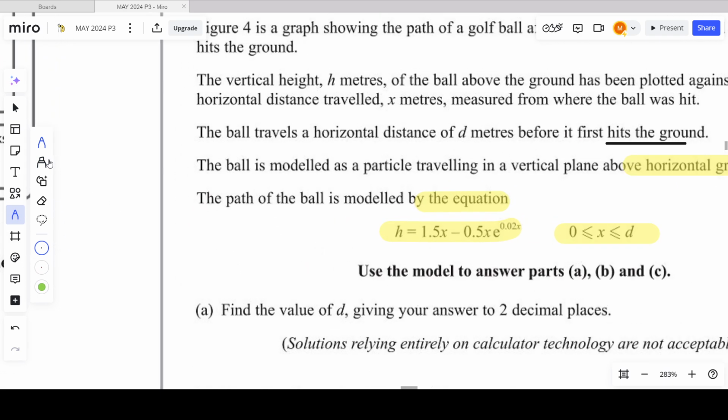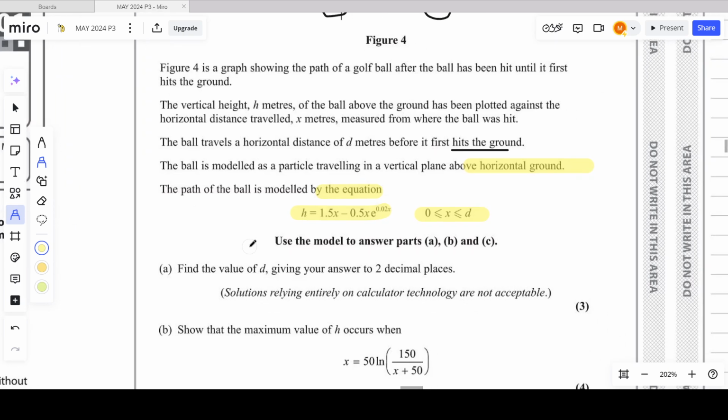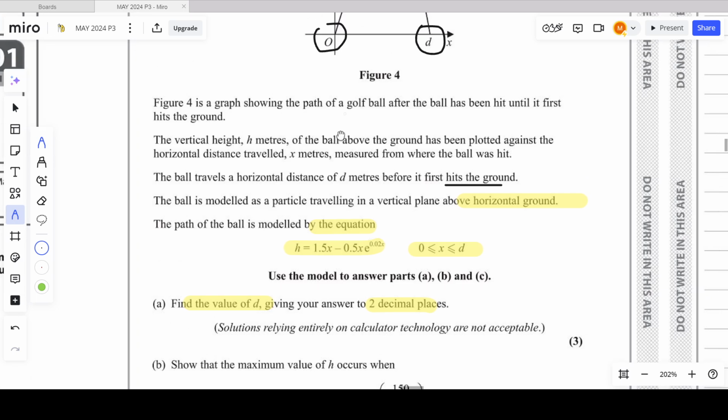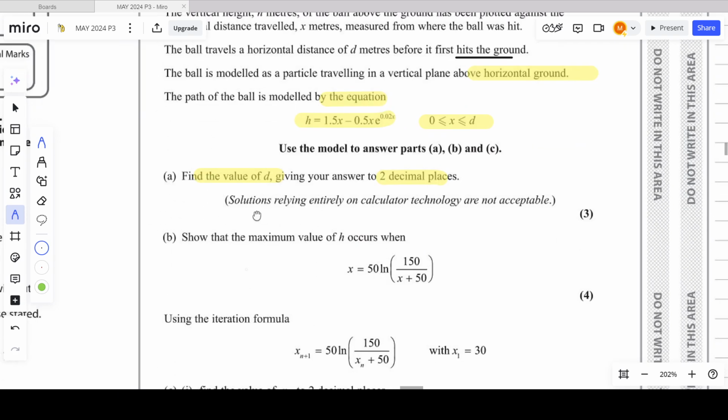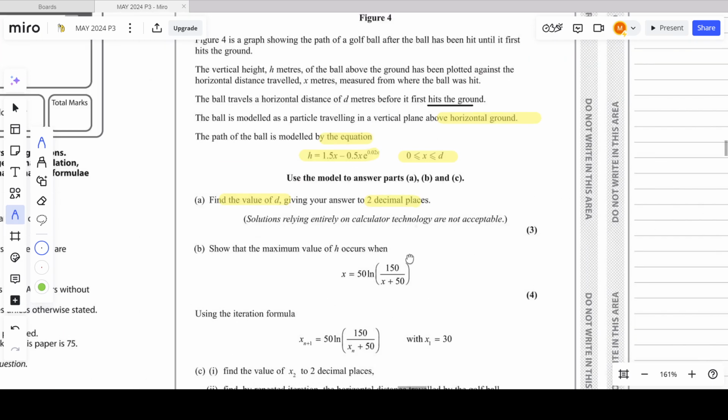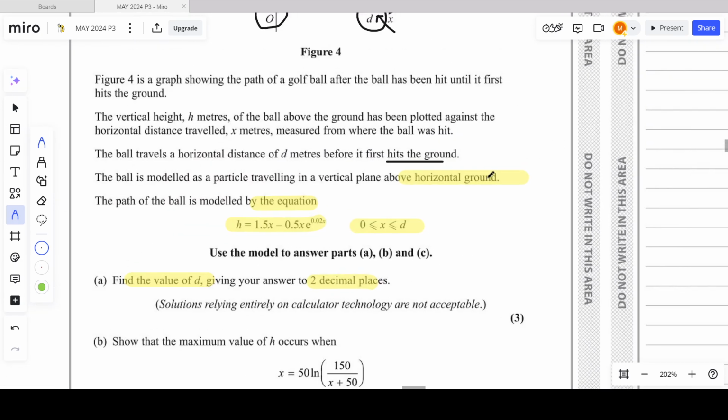The first question asks: find the value of d, giving your answer to 2 decimal places. To find d, let's see the figure. At d, h is 0. The ball is reaching the ground.